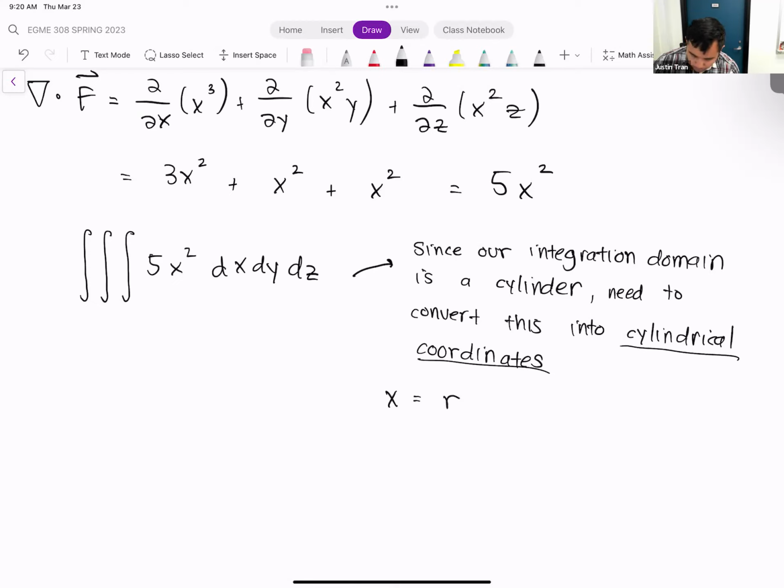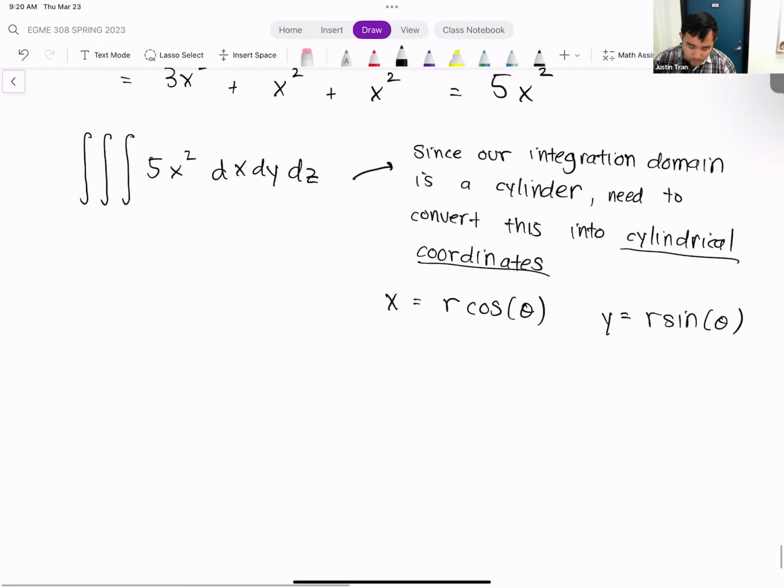In the conversion from Cartesian to cylindrical coordinates, x is equal to r cosine theta, y is equal to r sine theta. That's the main thing, but we also have to convert our differential as well. In Cartesian coordinates, we have just dx dy dz, but in cylindrical coordinates, we have r dr d theta dz.